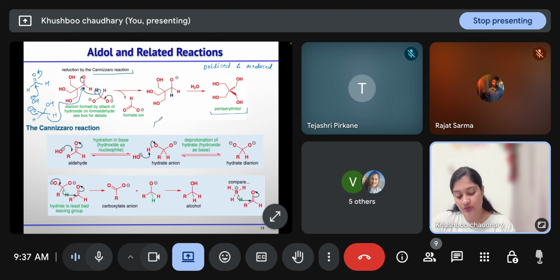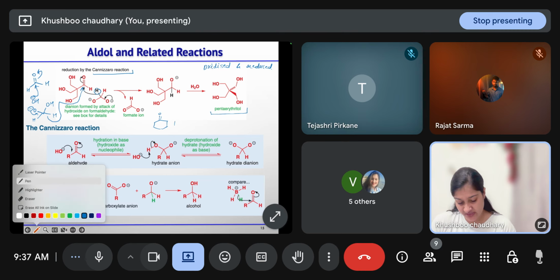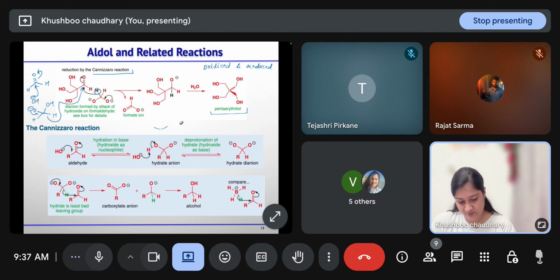Generally, we have ketones and we have formaldehyde. One product we get as the oxidized product, and the other we get as the reduced product. In the presence of base this reaction takes place, and we call it the Cannizzaro reaction.